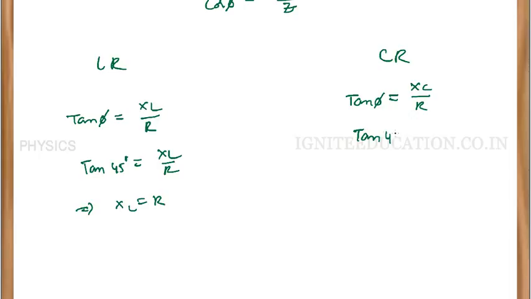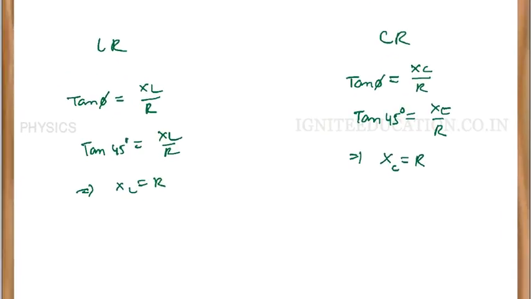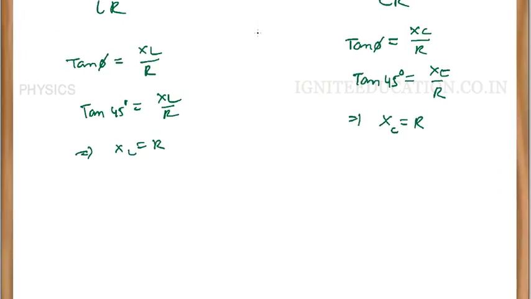So tan 45 is equal to XC by R, and with this I get XC is equal to R. So when you take the phase angle individually, whatever the inductive reactance and capacitive reactance you find, each is equal to the resistance connected in the circuit. Name these as 1 and 2.